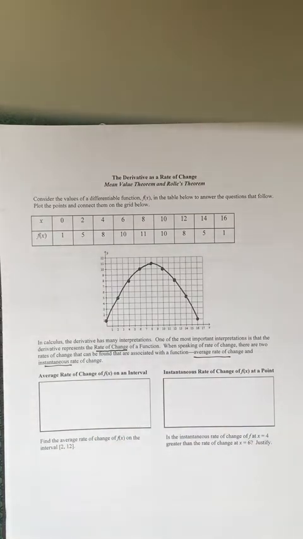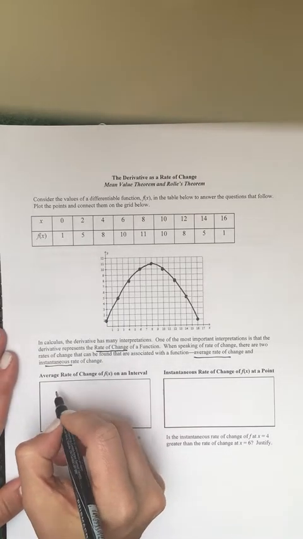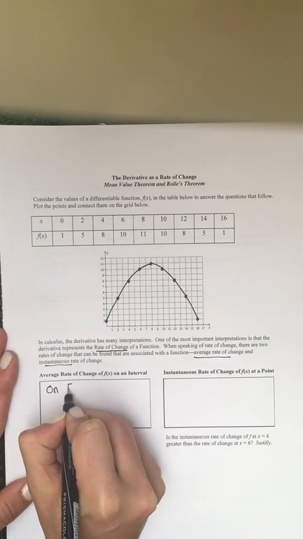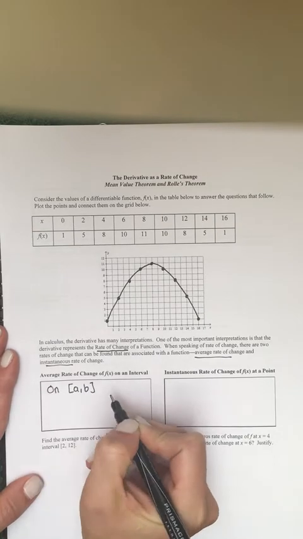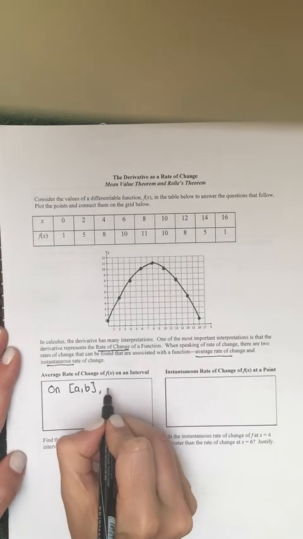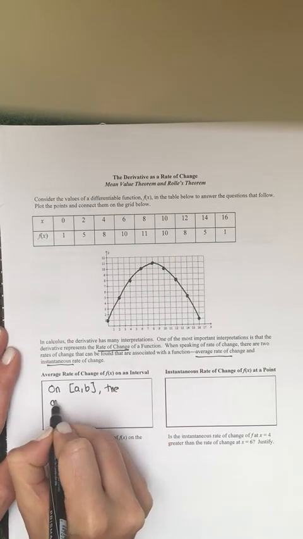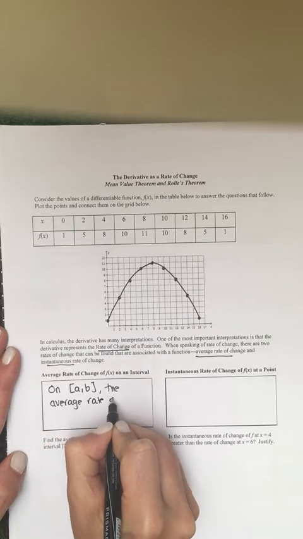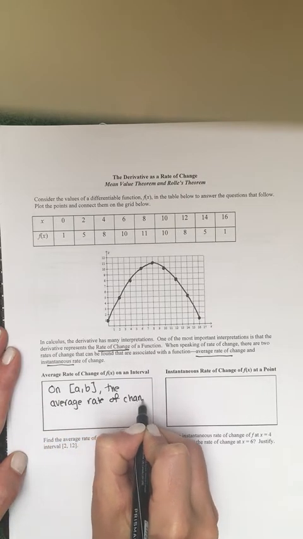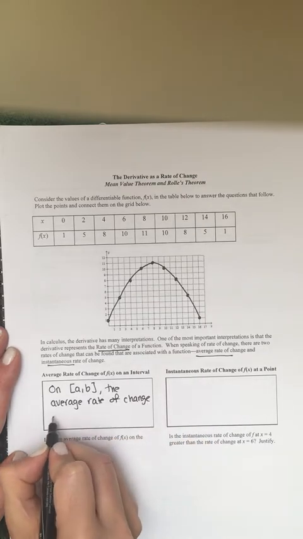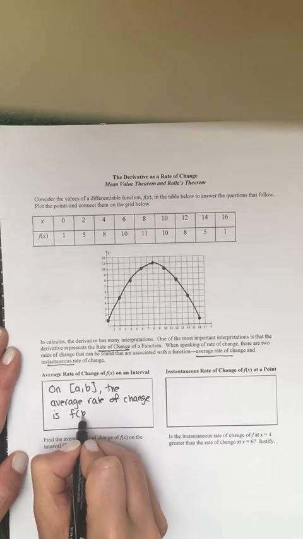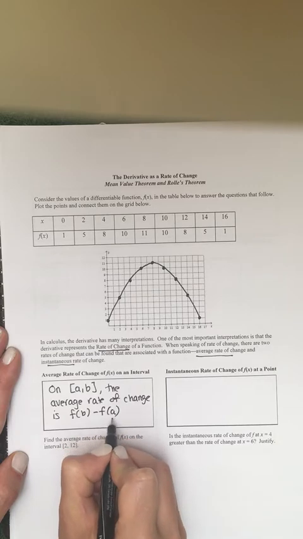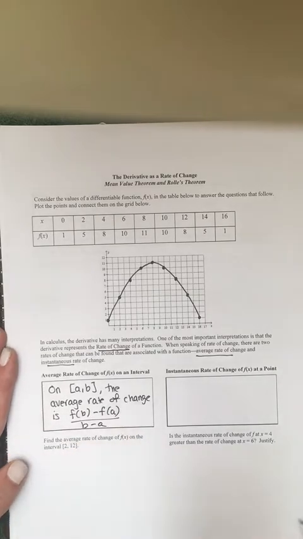So just to make sure that we're really clear and distinguish between everything, average rate of change is saying that on some interval a comma b, the average rate of change is, just like the slope formula, (f(b) minus f(a)) over (b minus a).